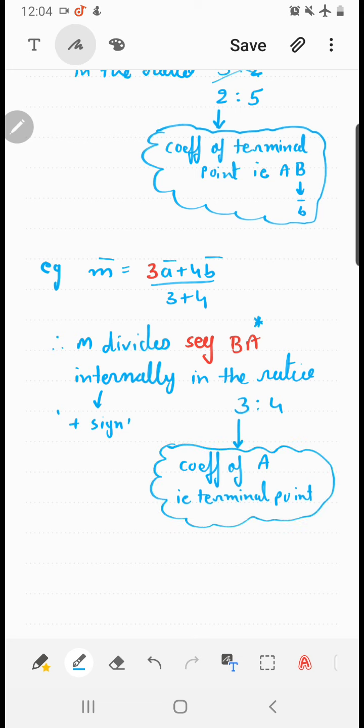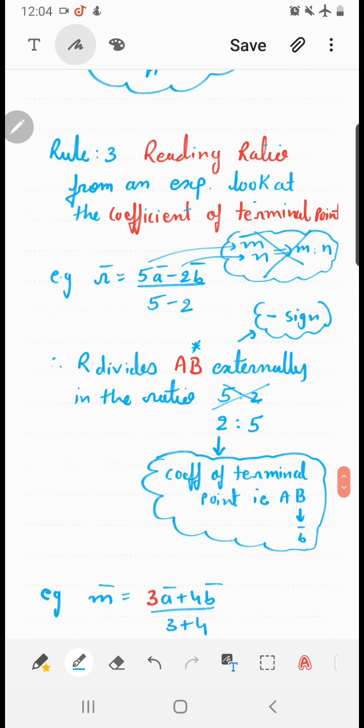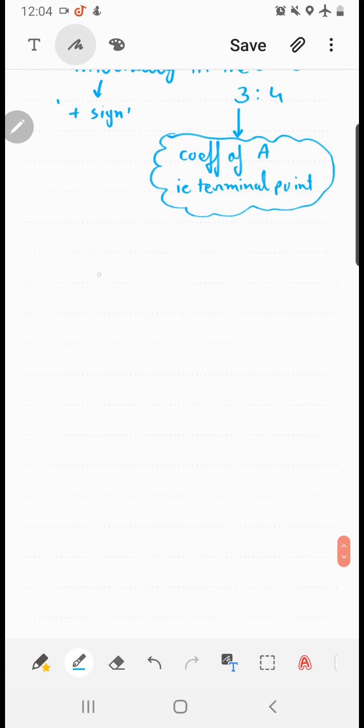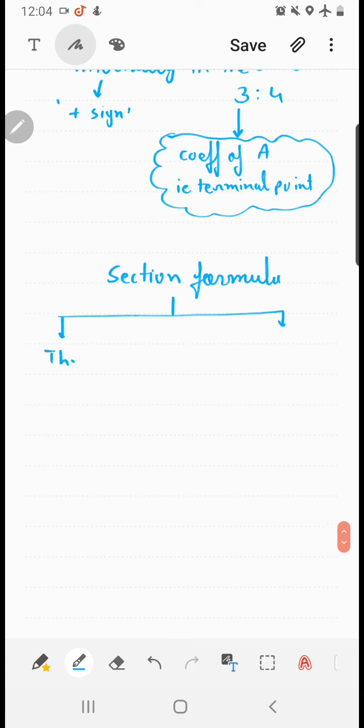Okay, and this is where we are done with the theoretical concept of section formula. So I repeat again, whenever you talk of section formula, you have two choices. One is theoretical and one is calculative.